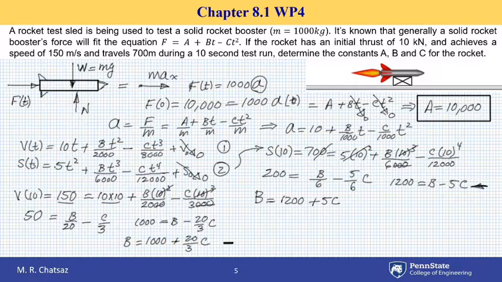But over here I have B equal to 1000 plus 20/3 of C. I can let it equal the other B, which is 1200 plus 5C. So I have one equation, one unknown. I can solve this for C.